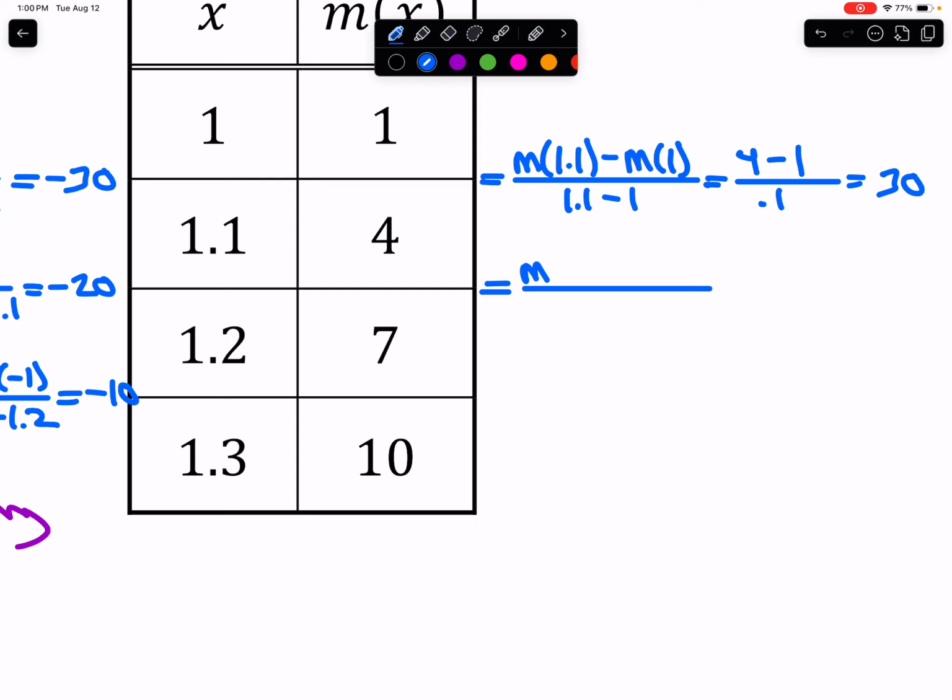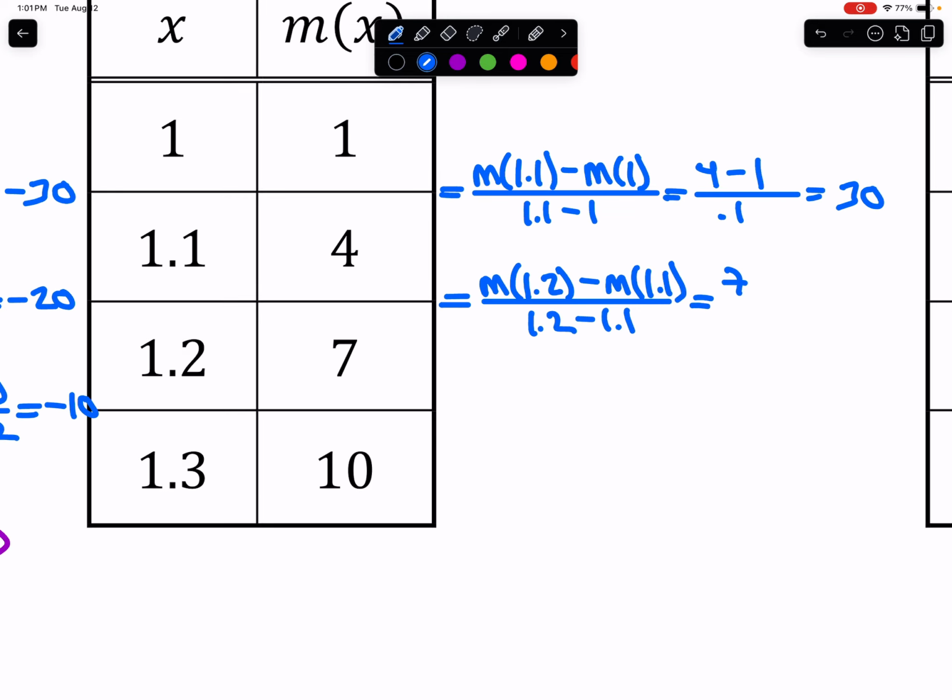Okay, so now looking at the next one. So M of 1.2 minus M of 1.1 over 1.2 minus 1.1. So that's going to be 7 minus 4 over 0.1, which is still going to be 30.